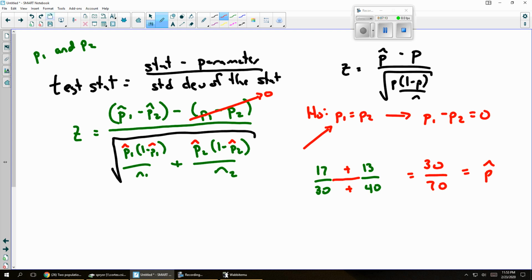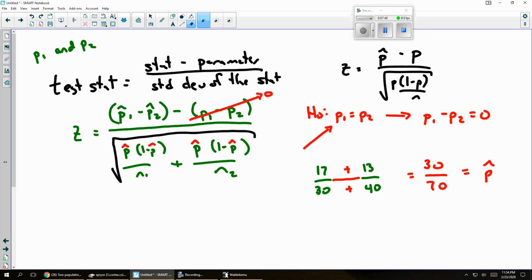The pooled p hat is a better guess for P1 and P2 than either P hat 1 or P hat 2 because I've taken a larger sample. And if it's random, that larger sample is something I'm more interested in using. So what does that mean? That means that in my original standard deviation formula, those subscripts by the p hats don't need to be there. So these subscripts can go away.